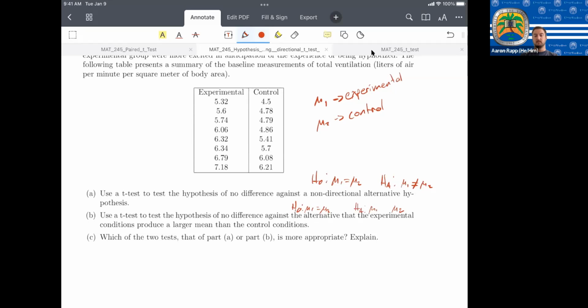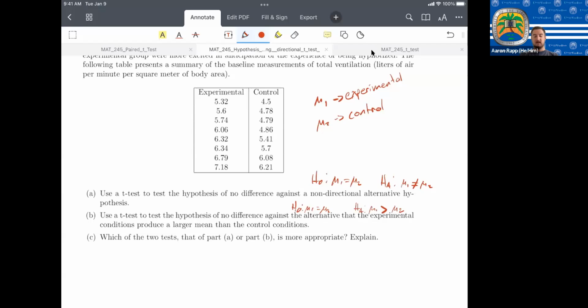Mu1, what, mu2? Greater than. Because we're wanting to test whether the experimental conditions produce a larger mean than the control conditions.